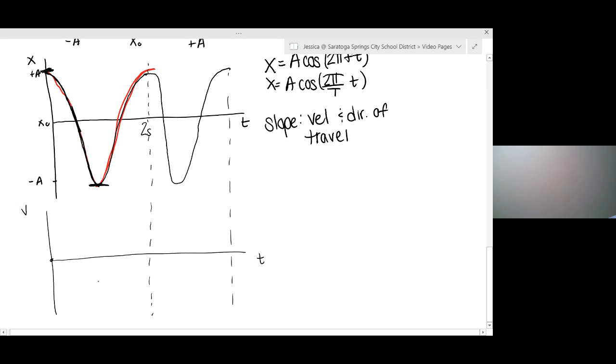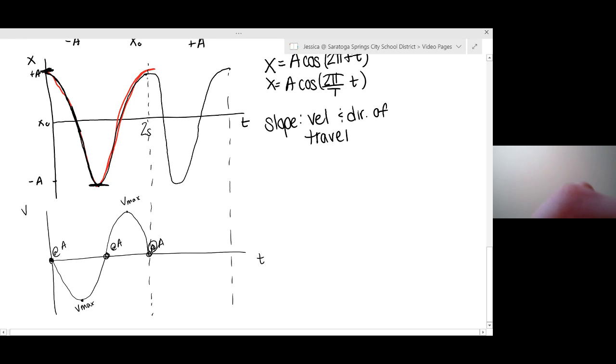So negative velocity and then 0 again, and then positive velocity for the second half. These points here represent our maximum velocity, just in different directions. And anytime we hit a 0 here, this is when we would be at an amplitude.